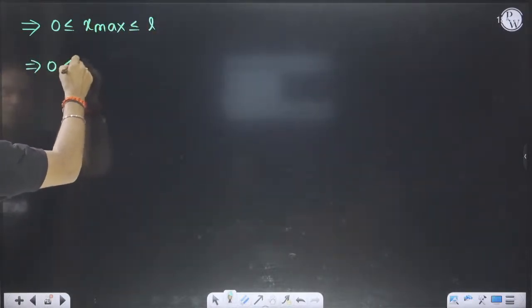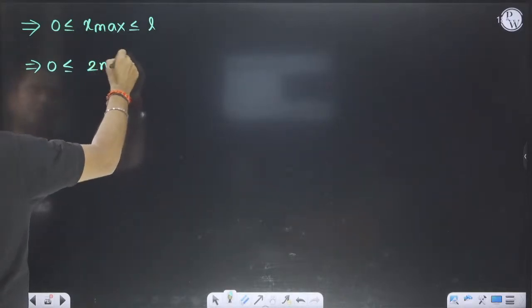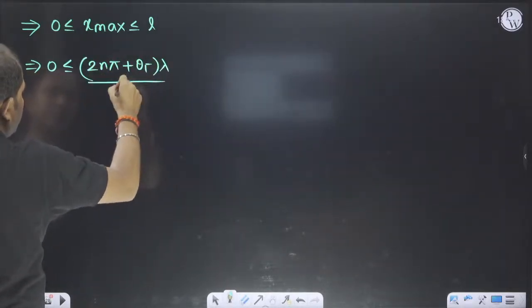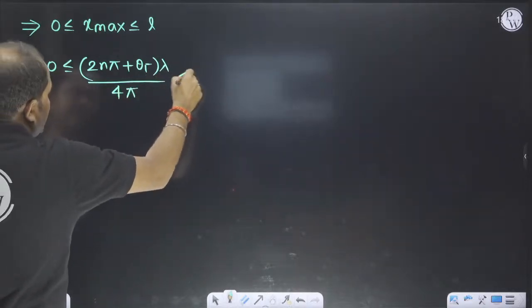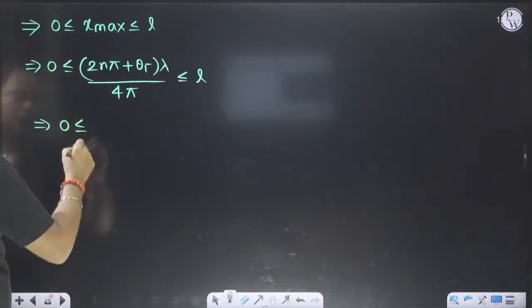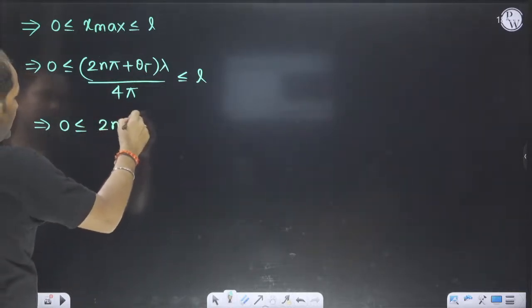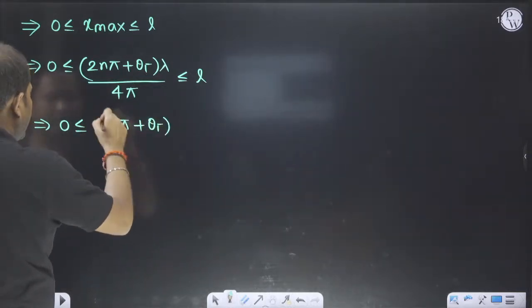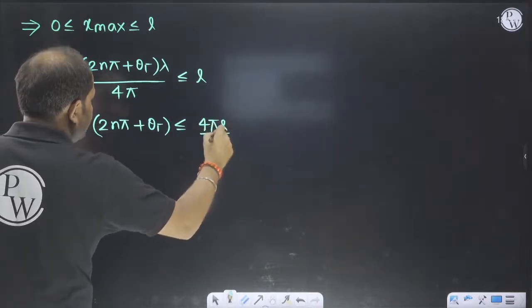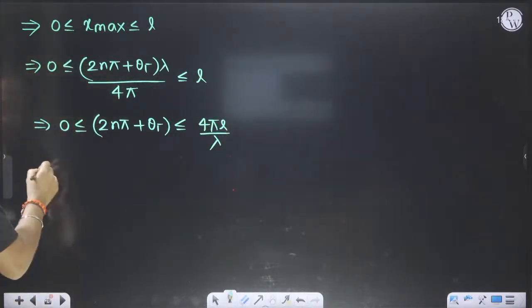x max is 2nπ plus θγ, divided by λ divided by 4π, is equal to L. So if I multiply both sides by 2π, it will be 2nπ plus θγ into 4πL upon λ.